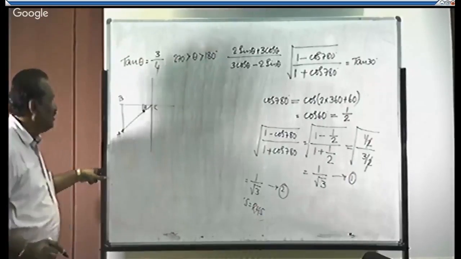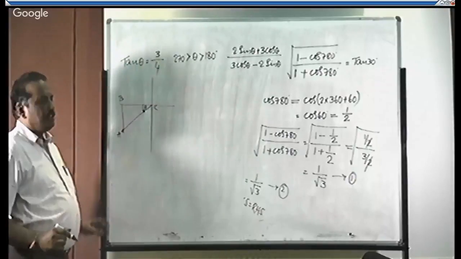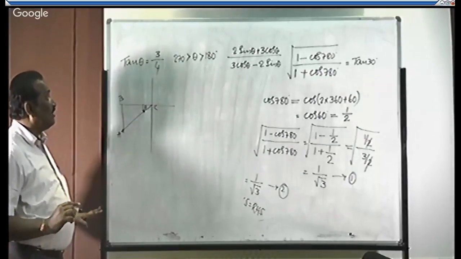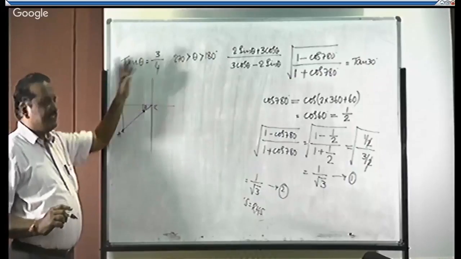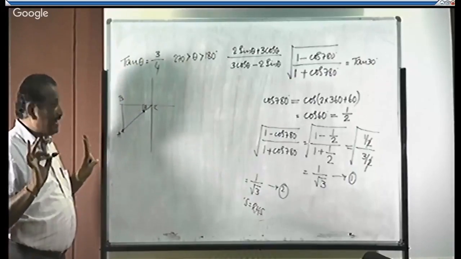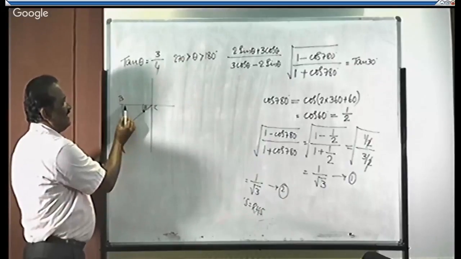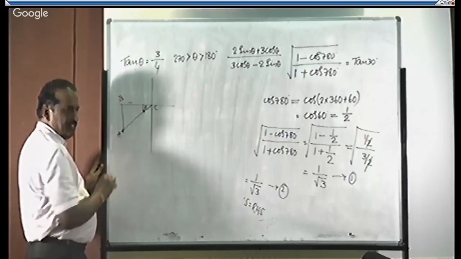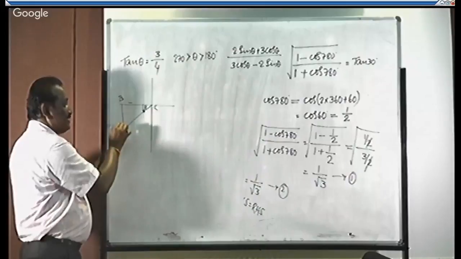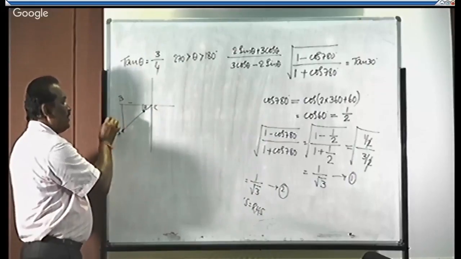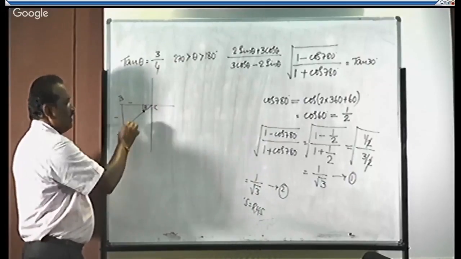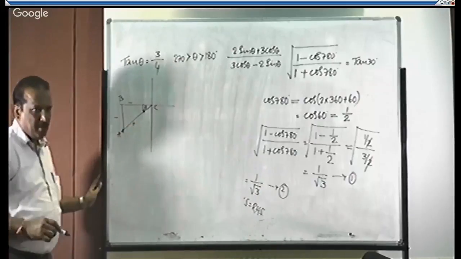So tan theta is equal to 3 by 4. Before writing what is the opposite side and what is the adjacent side, you have to be clear which sides are positive. This represents the x distance to the left of the origin, this is negative. This represents the y distance below the origin, this is also negative. This revolving line is positive, right?